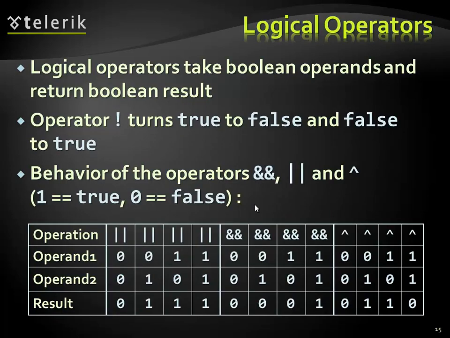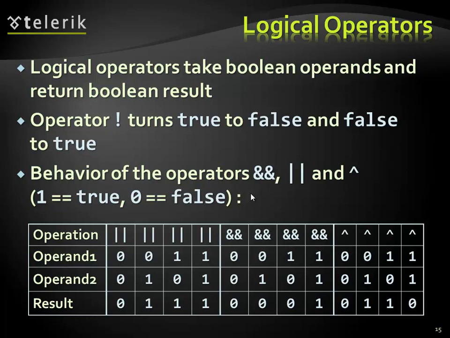Okay, the logical operators. Those are usually operating on Boolean values, those that can hold true or false. And many times when we have a Boolean condition to check in our program, we have more than one thing that we would like to check.